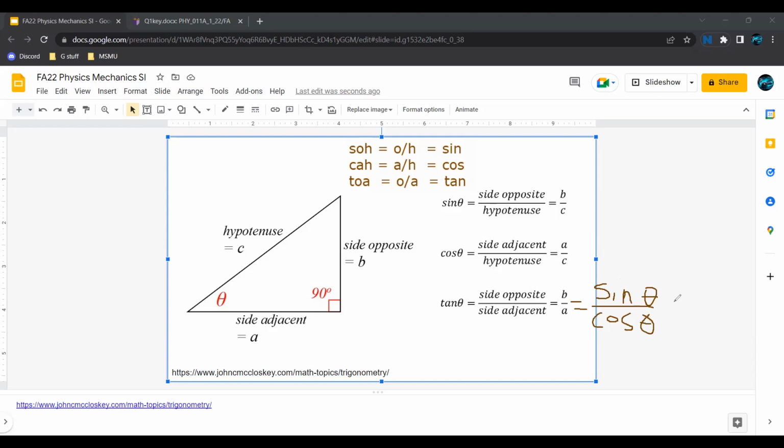The reason is that they'll basically cancel out. Sine is opposite over hypotenuse, and cosine is adjacent over hypotenuse. That's going to equal opposite over adjacent, which is tangent.